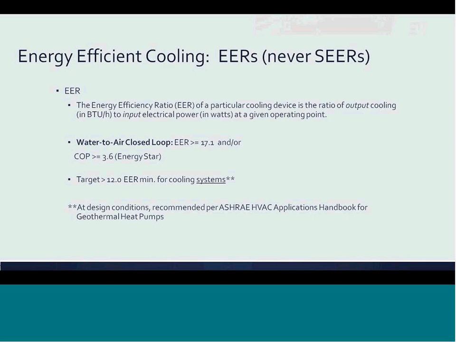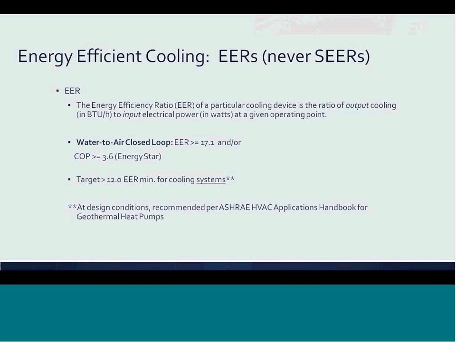The numbers on this slide are the EER and COP values for a split geoheat pump as required to comply with Energy Star for tax credits or other incentives. And typically, Energy Star is more of a residential program, just as an FYI. The EER and COP values shown for Energy Star are standard rating or test conditions, which is that first case I spoke about.